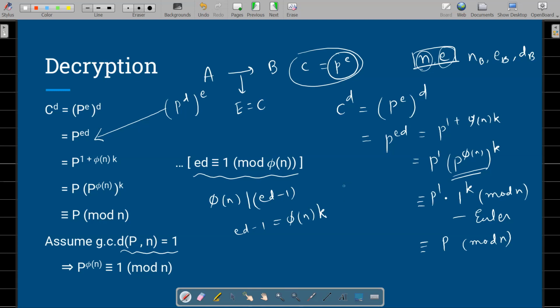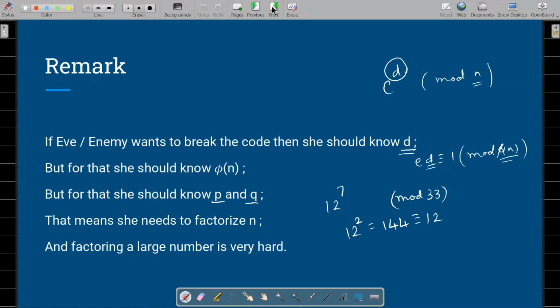So what A will do is take any plain text and make C raised to E, where E is E of B, which is made public, right? And what B will do is raise to D_B. But to know that D_B, basically Eve has to find out factors P and Q, right?